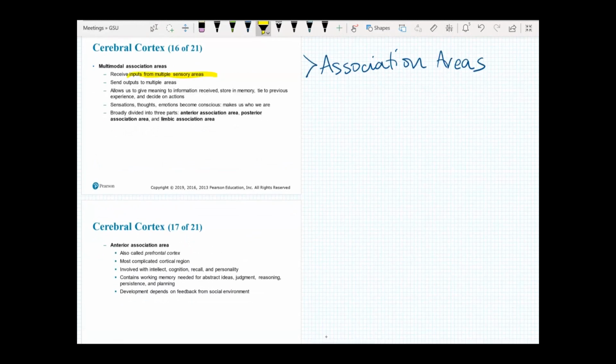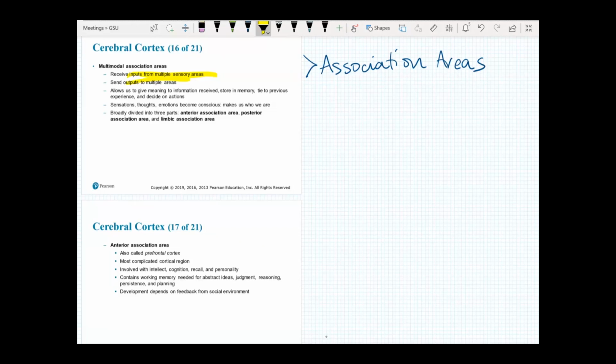That could be smell plus vision plus skeletal muscle, and we're moving, so that way we know there's something going on. It could be hearing and vision, and we're taking in instructions from a teacher. So it doesn't matter. Multimodal association is receiving inputs from different types of sensory areas, and it could be a lot. And then it's communicating to a bunch of different areas.